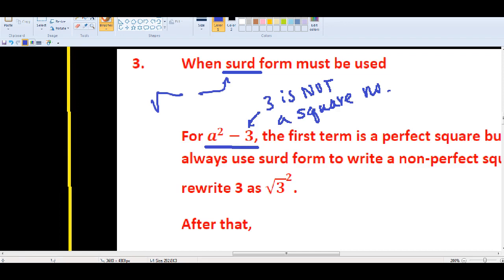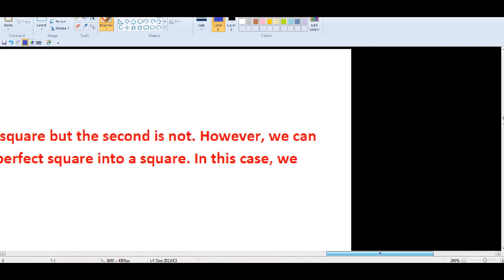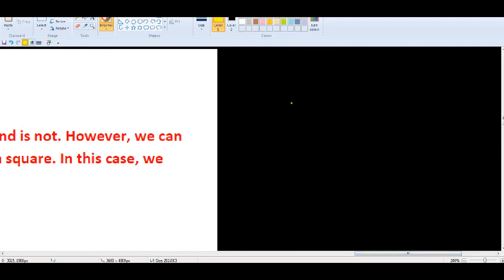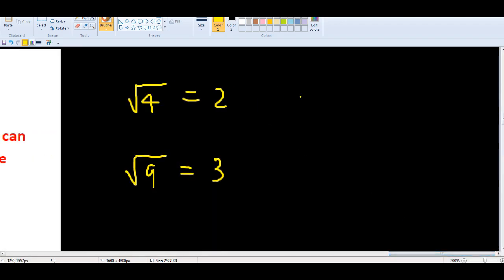So how could we use surd form? Some surd forms are quite famous. If you remember, for example, square root 4 is 2 because this is a square number. Square root 9 is 3. So what happens is if you have a surd form and you square it, square root 4 squared, you go back to 4.